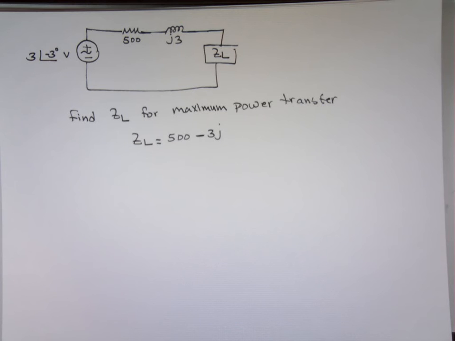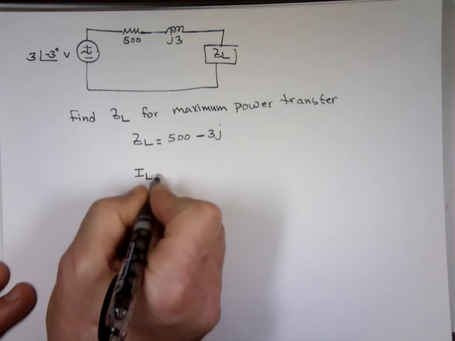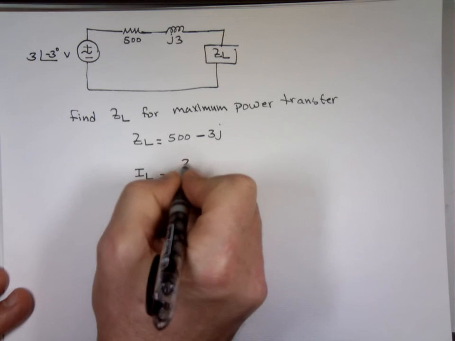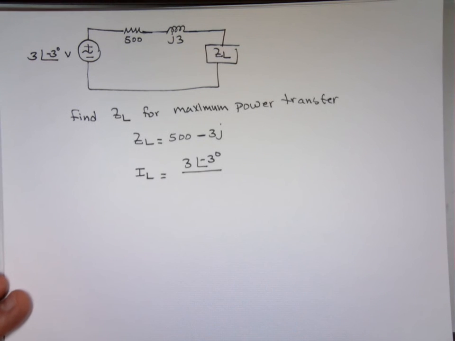Now, if you want to calculate what that average power is, by the way, we can figure that out. So the current I through the load will be 3 angle negative 3 degrees divided by what?